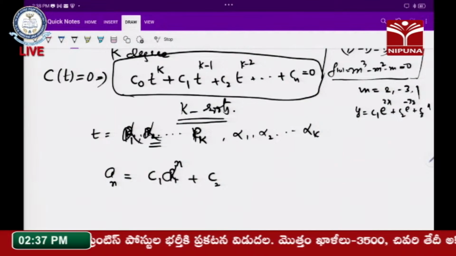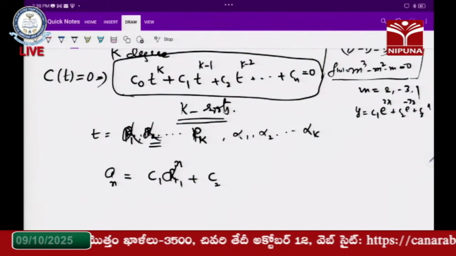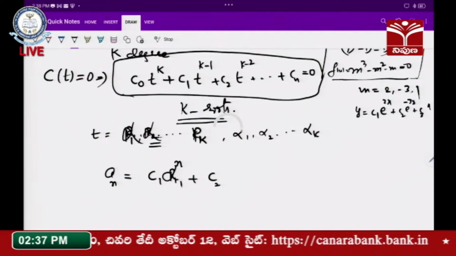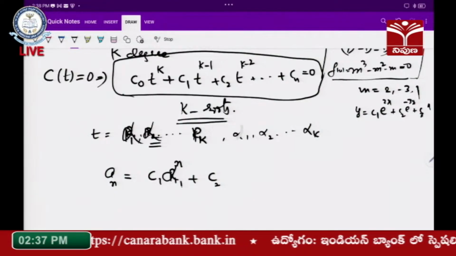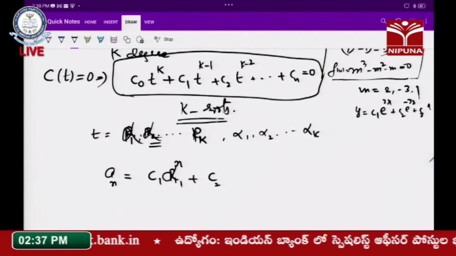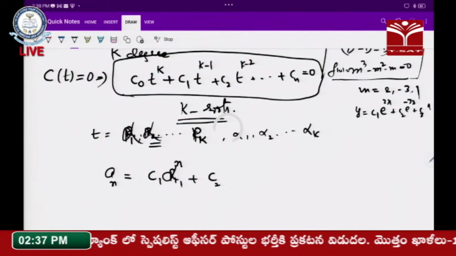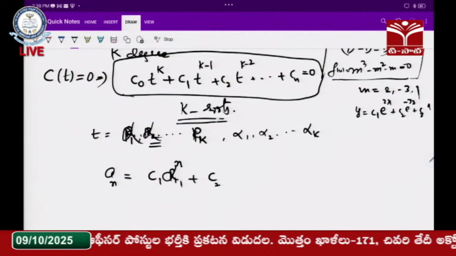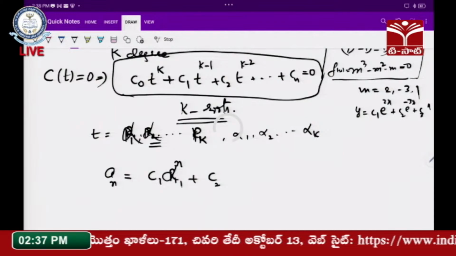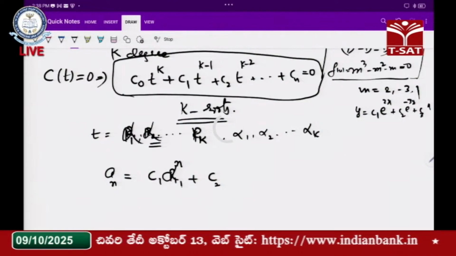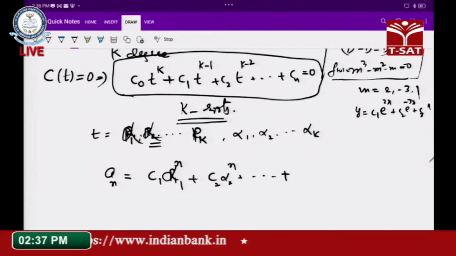So, this is alpha 1 power n, this is alpha 2 power n and so on, Ck its coefficient.